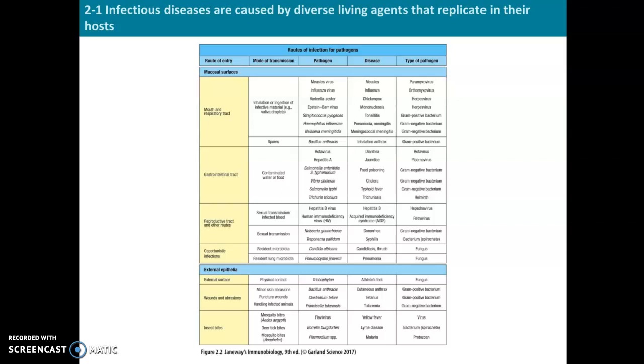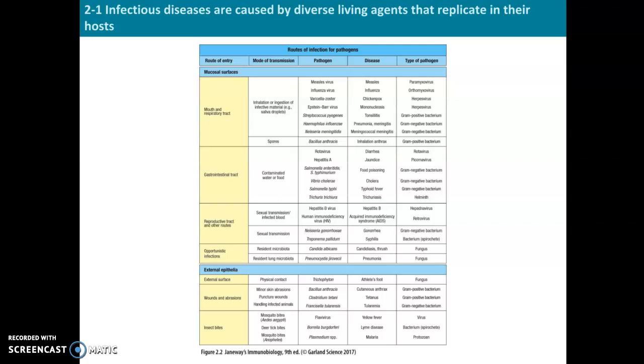And then we can also talk about external epithelia being infected by fungi like athlete's foot, or bacteria like Bacillus anthracis, which again causes cutaneous anthrax.